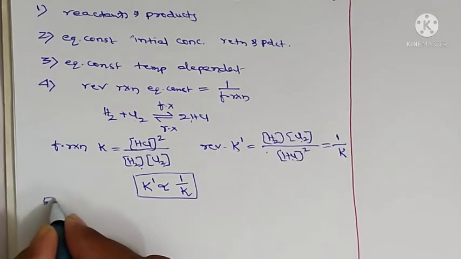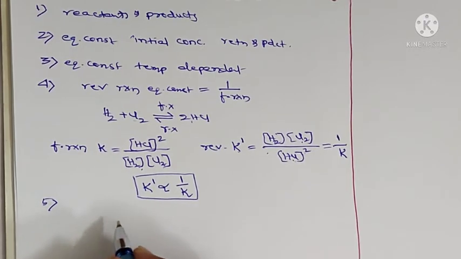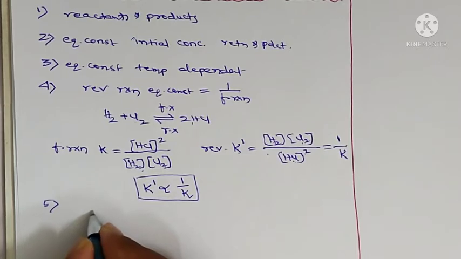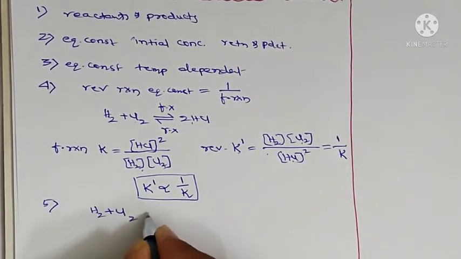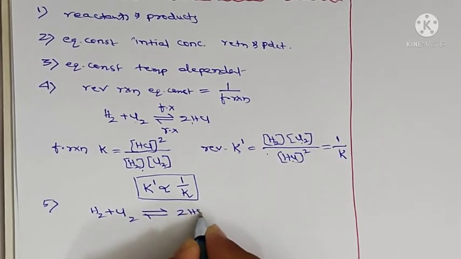Next, number 5. If we multiply or divide the entire chemical equation by a certain number, then the new equation's equilibrium constant would be related to the original one. Let me take one example, H2 plus Cl2 in equilibrium with 2HCl.